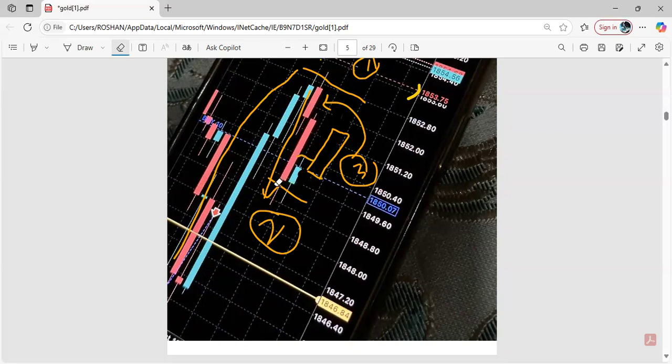So impulse entry taken by putting my stop loss in the middle of the previous candle, and I'm expecting this move to go all the way up to 1950 to 1952, meaning 25-30 pips. That's a decent range. So let's see what will happen at this point.